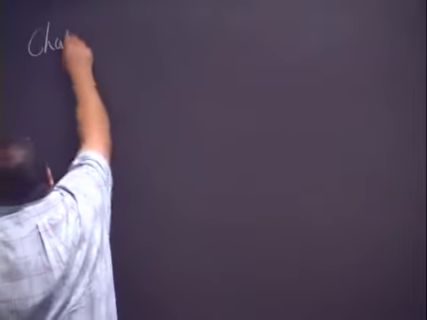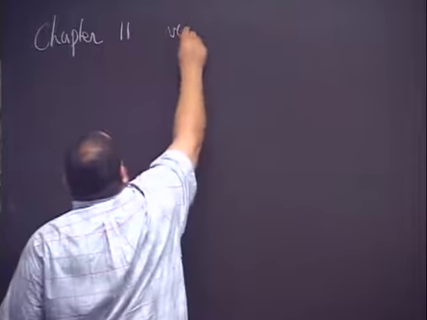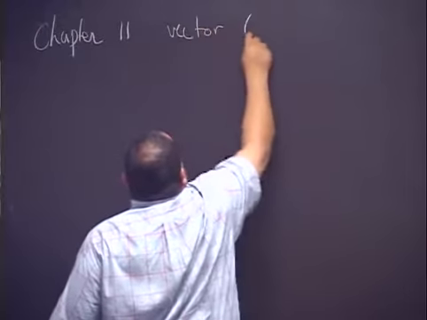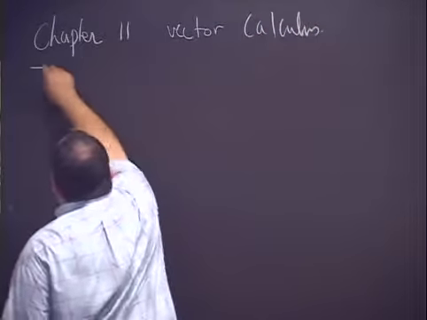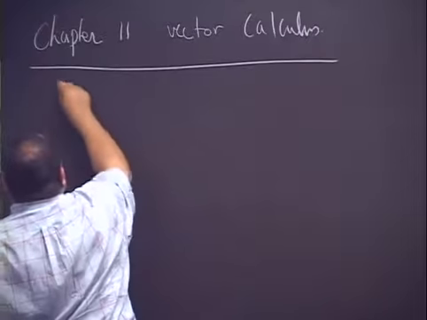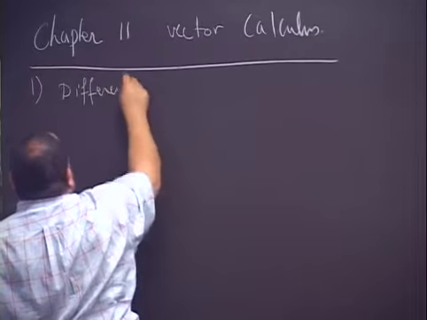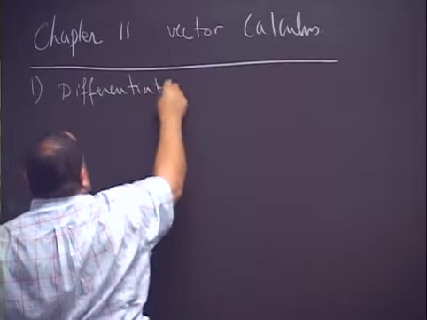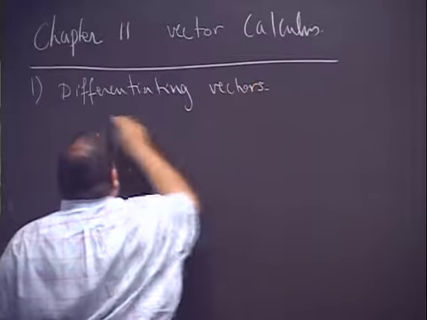So this is chapter 11, and it is vector calculus. And we will start with differentiating vectors.